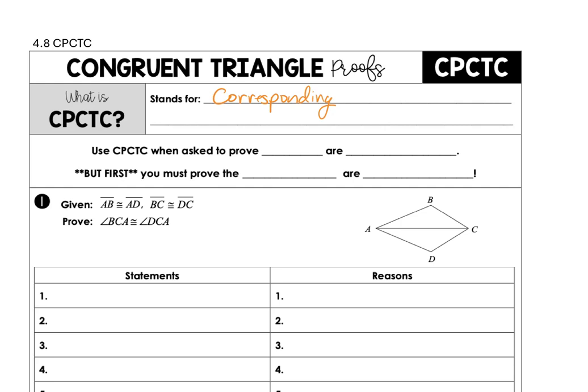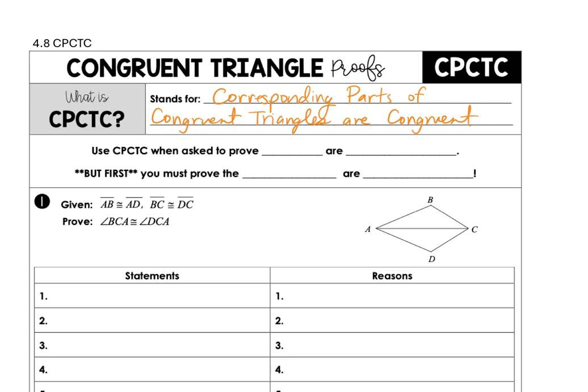What's the P? Parts. And then there's an of that's not represented. Corresponding parts of congruent triangles are congruent. Okay, so what it's saying is if we find congruent triangles, right?